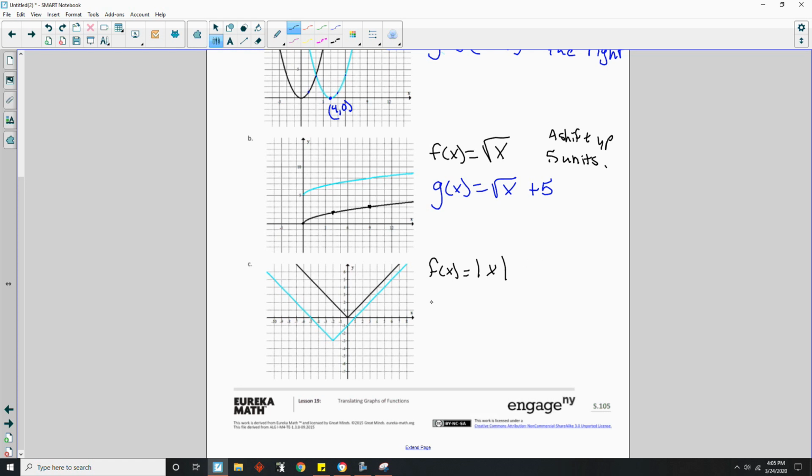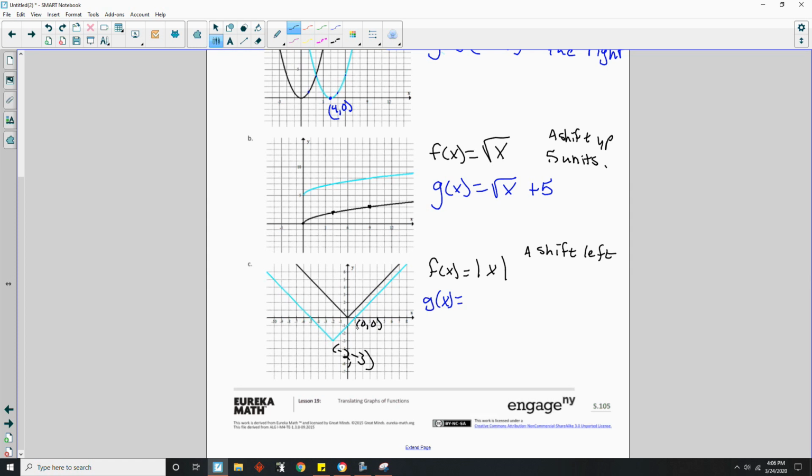So it's going to be g of x equals. I now need to know, first I should say a shift, let's go left first, a shift left, and how many units? We are here, this is 0, 0. So 0, comma 0 is my vertex, and this is the point negative 2, comma negative 3.